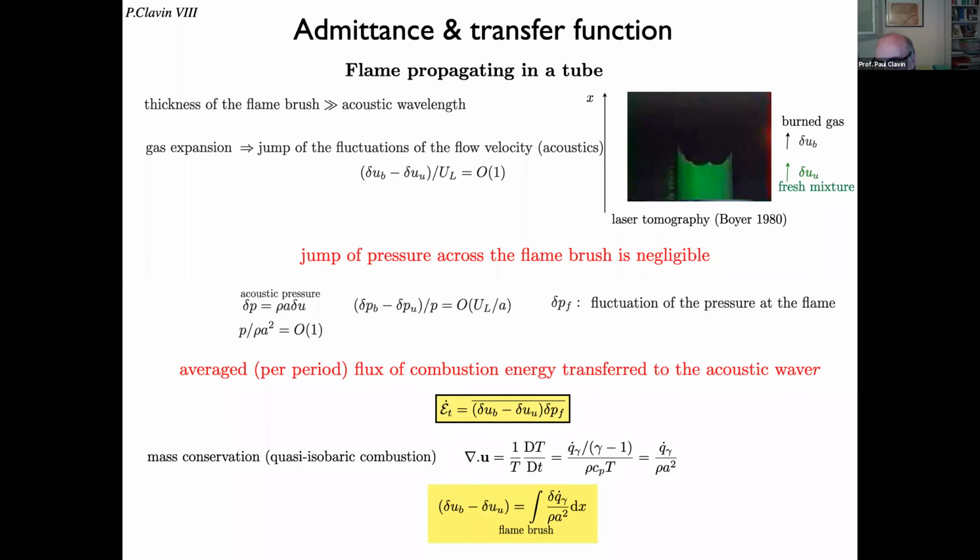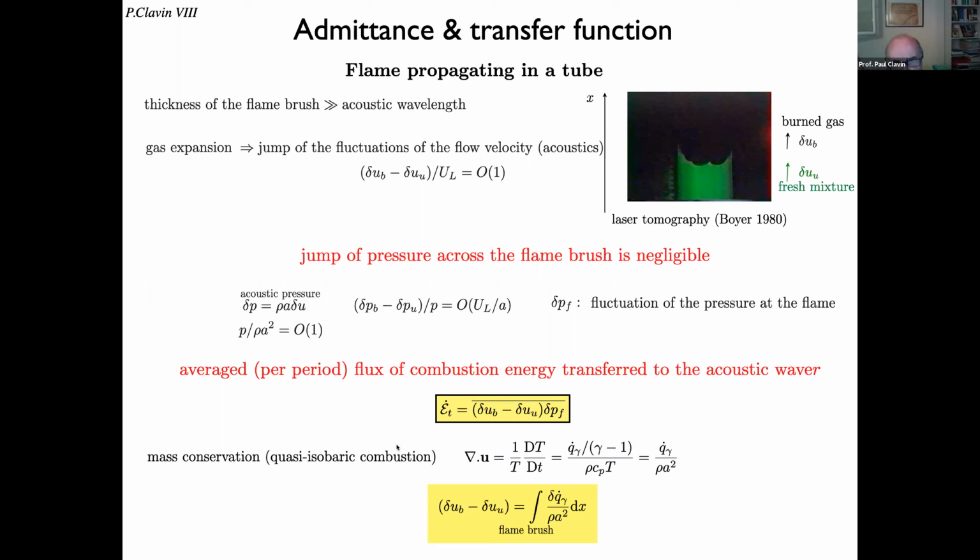There is no R, excuse me. So, another mistake, but this is not very important. What is transferred to the acoustic wave is just the average of the fluctuation of the velocity multiplied by the pressure.